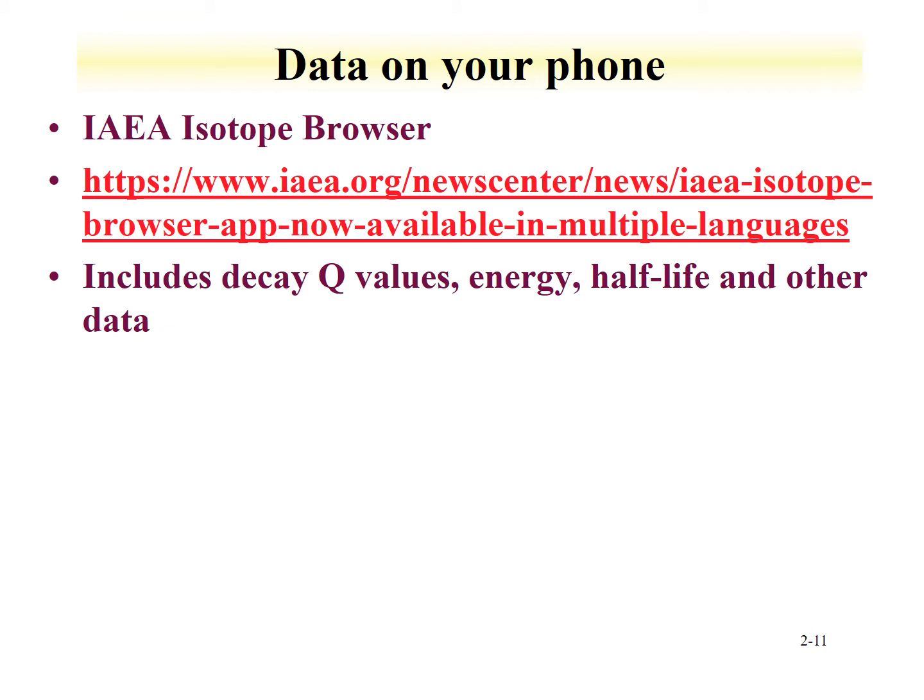Now the mass excess data that I showed you is available, and if I know the mass excess data, I can calculate Q values for a number of different reactions. One area where you can find this information, as I already mentioned, is the table of the isotopes, but there's also something you can get on your phone, the IAEA, International Atomic Energy Agency Isotope Browser.